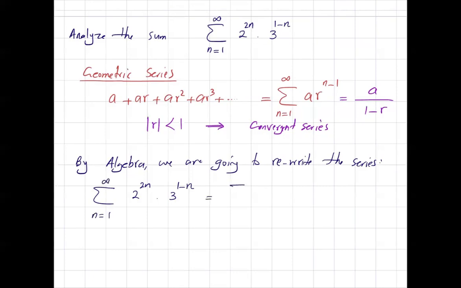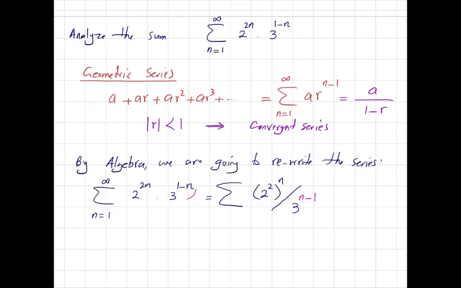This can be written as the summation of 2 to the power 2n, which is 2 squared to the power n, divided by 3 to the power n minus 1.